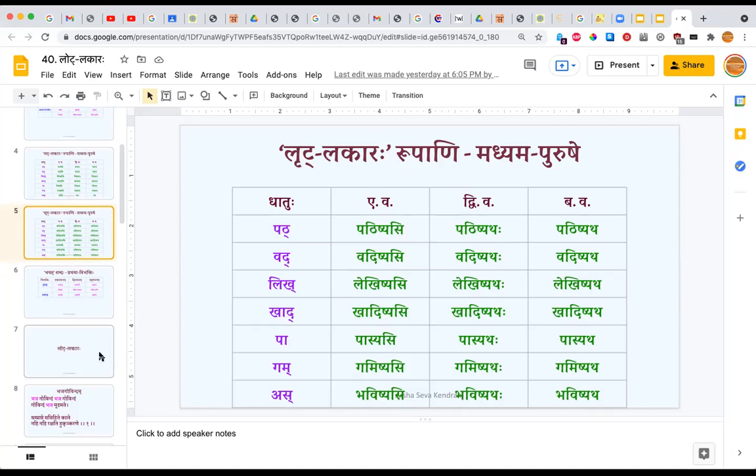That's the only exception? Mainly, there are many exceptions. We are only focusing on about 30 or 40 dhatus. There are like 2000 plus dhatus. For our level, we are considering maybe 30, maybe 40, not more than that.